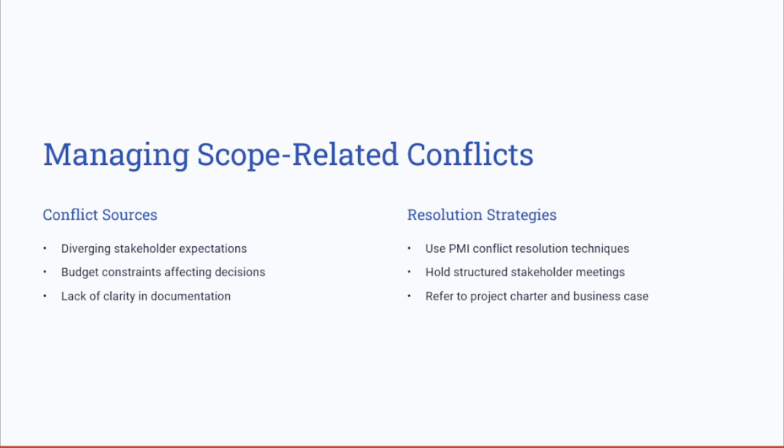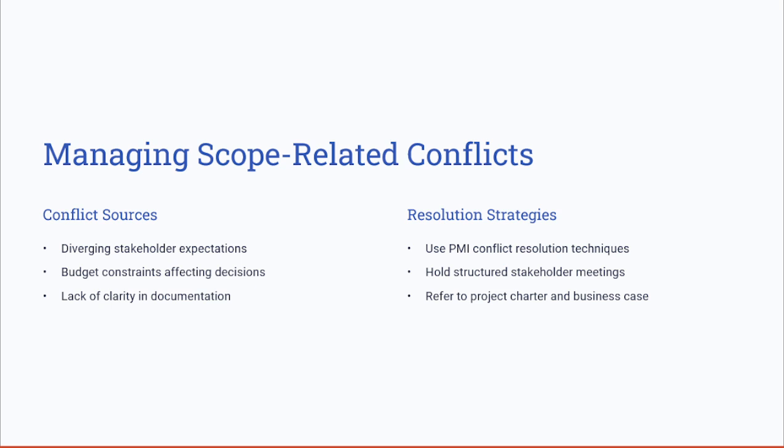The resolution to these conflicts is by using conflict resolution techniques. If you recall from PMI, we go for collaborative decision making, ensuring that all of these decisions are made in a win-win situation where it serves the project purpose, objectives and goals.